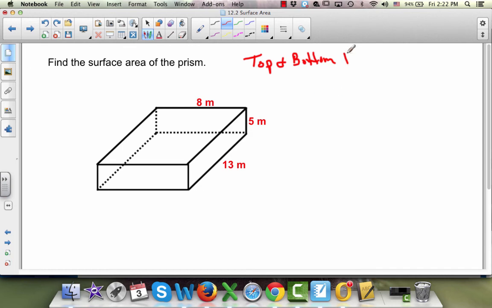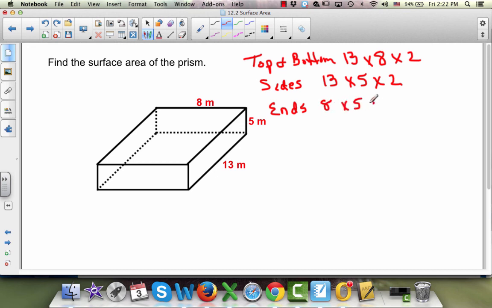So we go 13 times 8 times 2. The sides are going to be 13 by 5, and there's 2 of them. And then you've got the ends, which are going to be 8 by 5, and there's 2 of them.